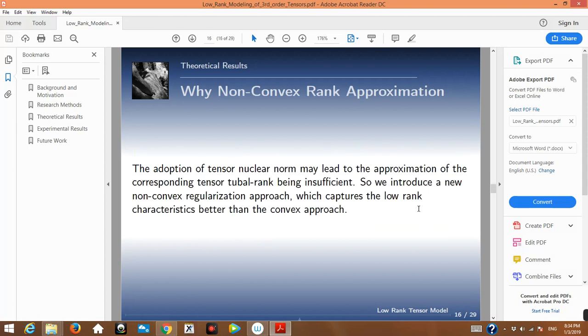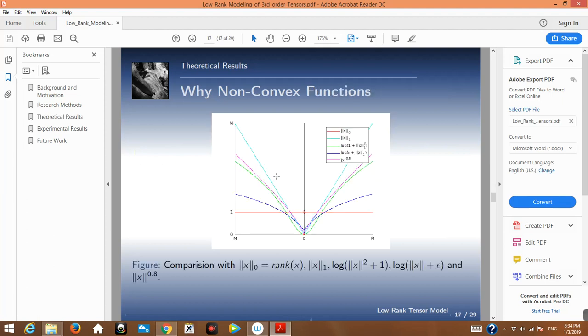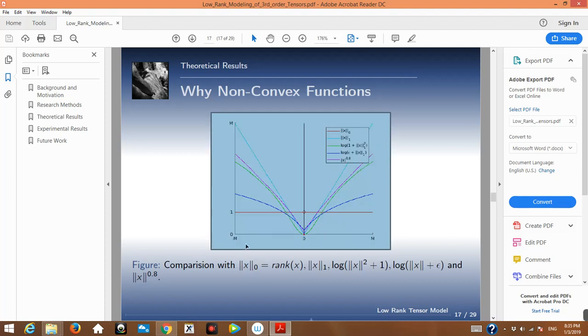So we try to use the non-convex approximation of tensor rank other than the tensor nuclear norm. From this picture, here x is the singular value, and if we consider only one element, that means the rank is always 1 if x is not 0.